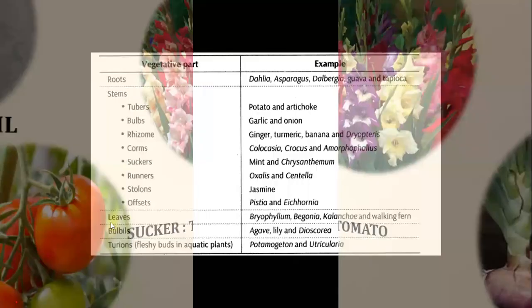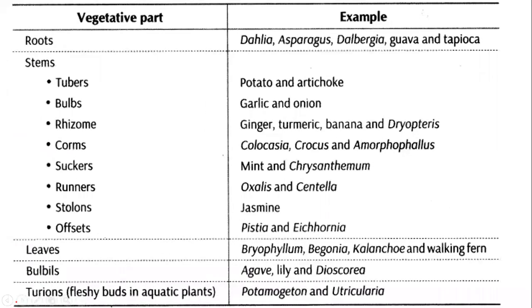Clear? Next one. So this we have already discussed, the vegetative part and their explanation. That is very important from the MCQ point of view. The vegetative propagation takes place through roots in dahlia, asparagus, Dalbergia, guava, and tapioca. Tapioca you have to study. Potato and sweet potato difference also you have to study.